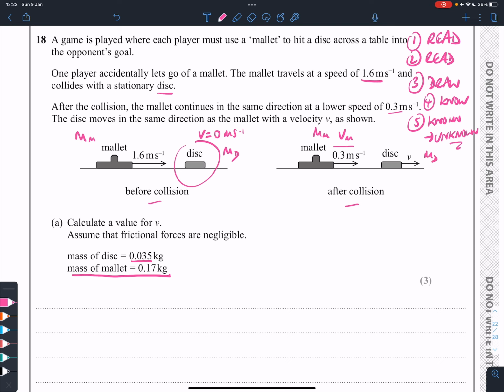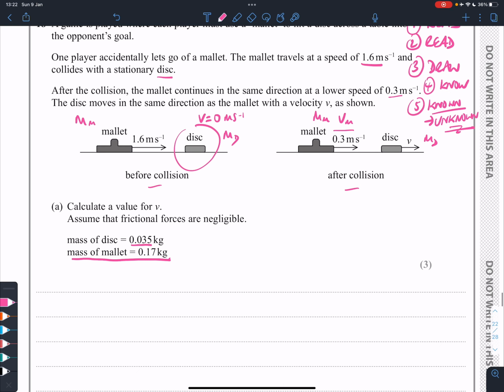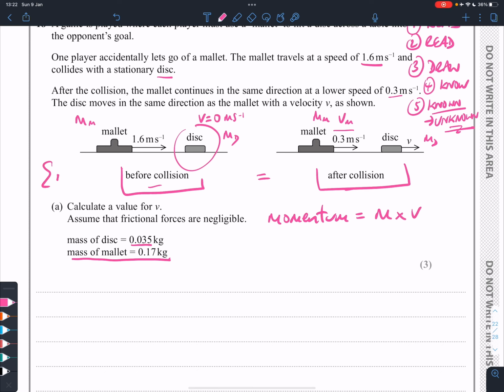The principle in this, going from the known to the unknown, is that the momentum before is equal to the momentum afterwards. And what is momentum? Momentum is equal to mass times velocity. So basically the sum of the mass times the velocities here must be equal to the sum of the mass times velocities there.